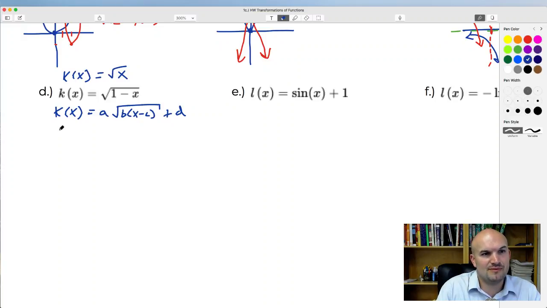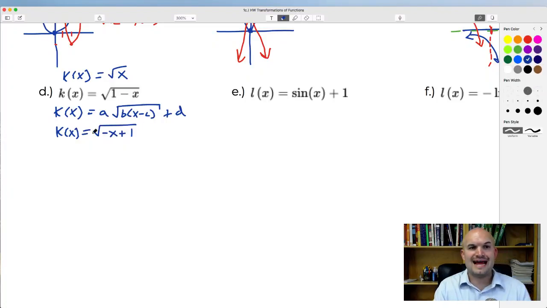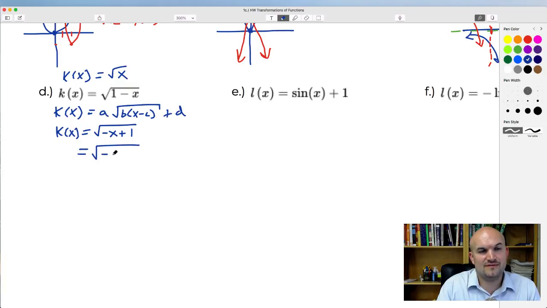So let's rewrite this k of x as, let's first rearrange the x's, and that's a positive one. Now in this case, you can see I have a b and I have a c, but I don't have it factored out. So what I'm going to need to do is factor out that negative 1. So in doing that, I have a negative 1, and that turns into an x minus 1. Okay?